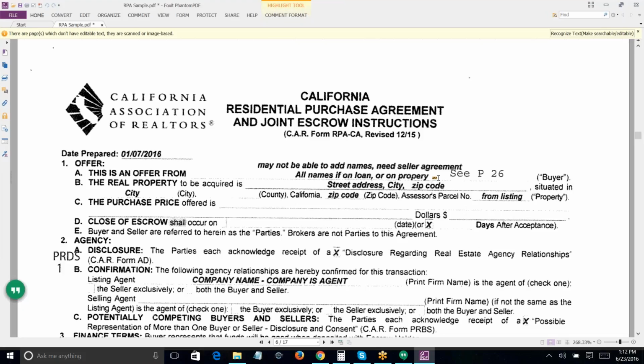Sometimes the form will only allow you to put in 2 names. Is it possible that you might have more than 2 people buying a property? Yes, there's an additional signatures addendum that you need to use.